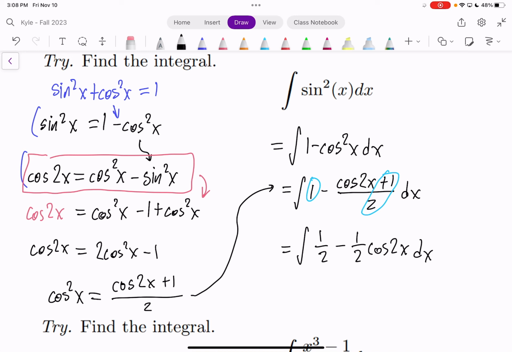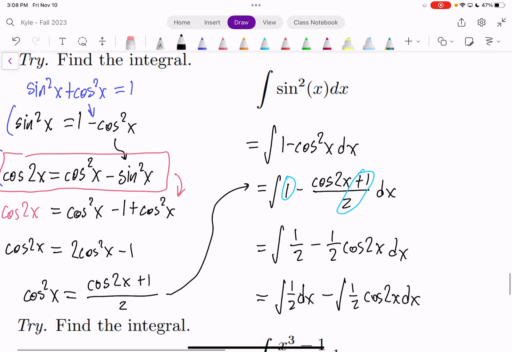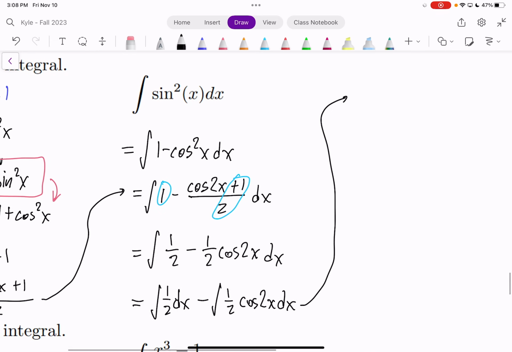Now we'll split up those integrals: the integral of 1/2 dx minus the integral of 1/2 cosine of 2x dx. We'll try a u-sub as well. We have this 2x inside of the cos, so let's sub in u for that. We'll get u equal to 2x, then du will be equal to 2 dx. Oh, that's handy. We've got a dx right here.